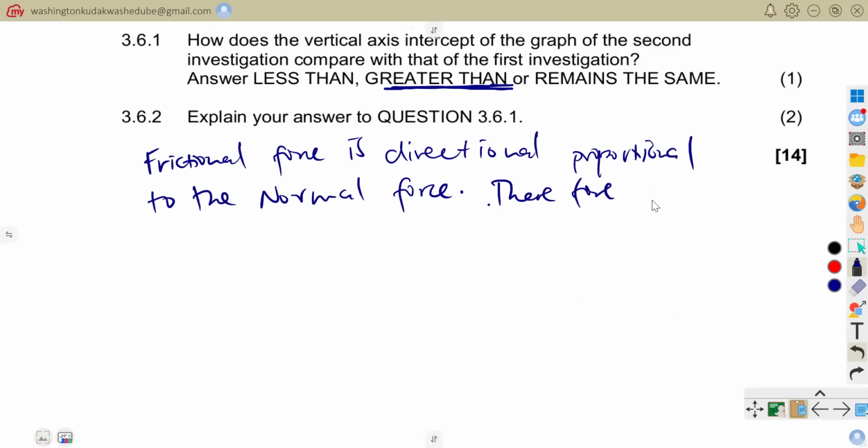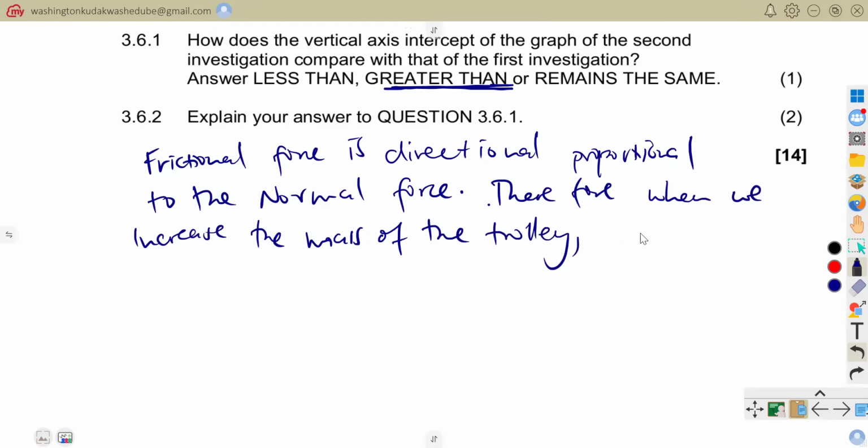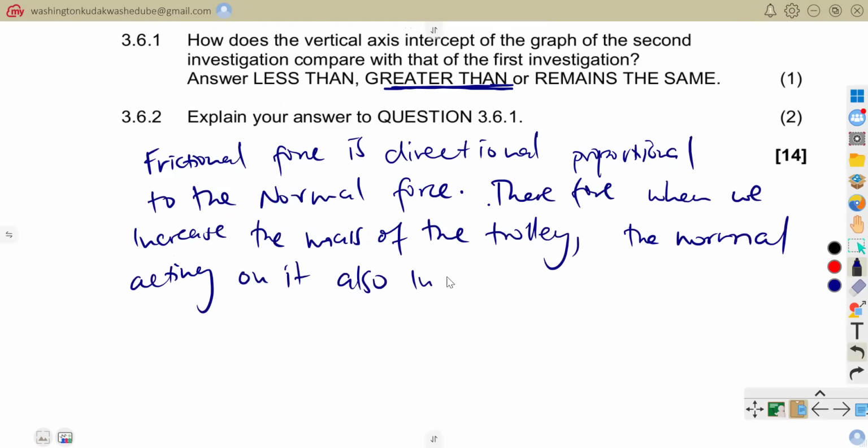Therefore, when we increase the mass of the trolley, the normal force acting on it also increases. Thus, the frictional force will increase.